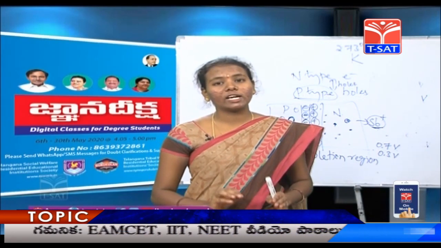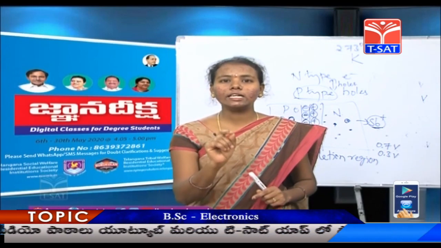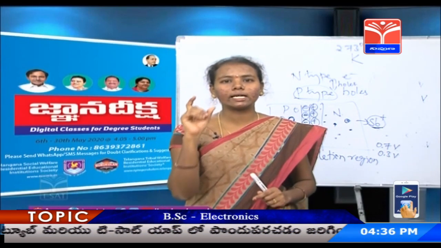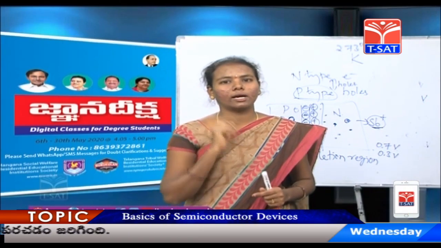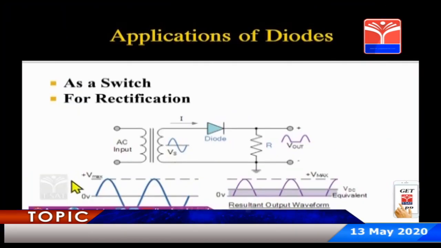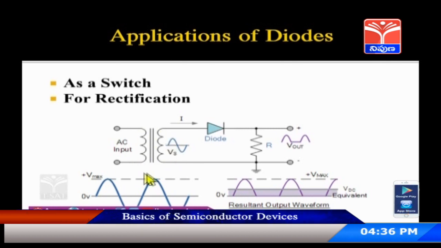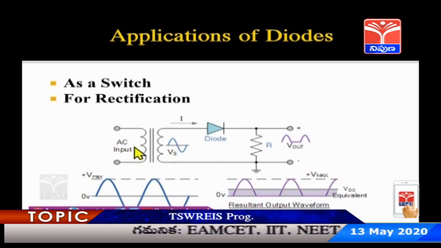If the device is using direct current, then there is a need to convert alternating current into direct current. That is done by a diode. If you see the slide, we have the AC input here, and this one is a step down transformer. Let us consider our daily life.